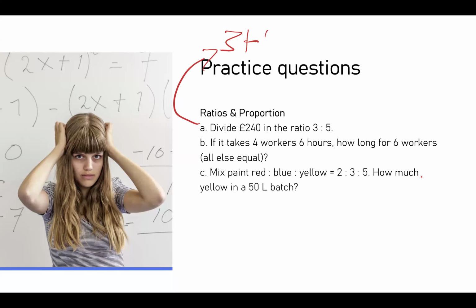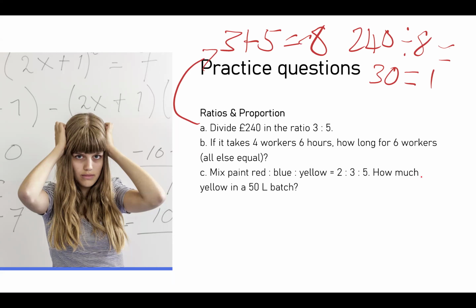So 3 add 5 equals 8. Now we divide the total amount, 240, by 8, which equals 30. So 1 part equals 30.